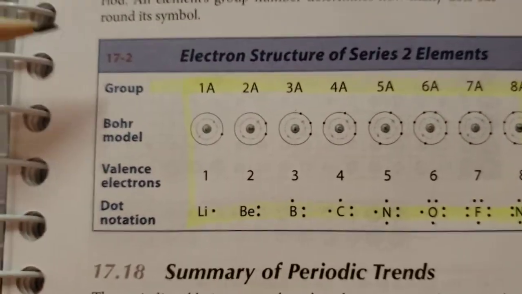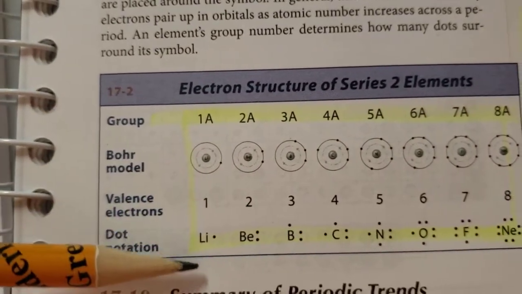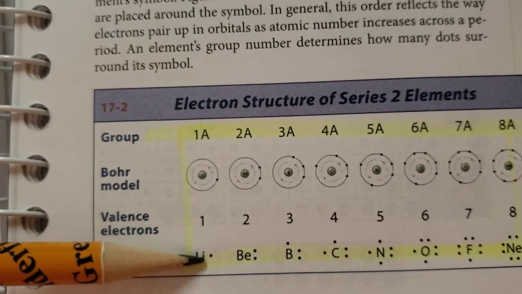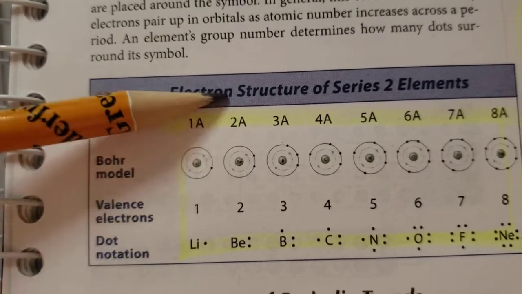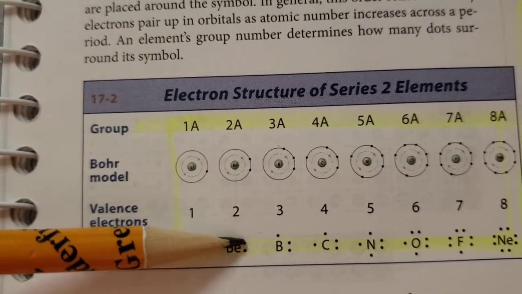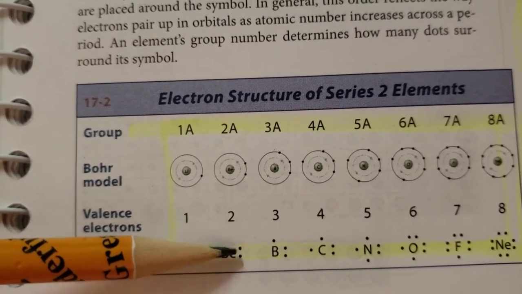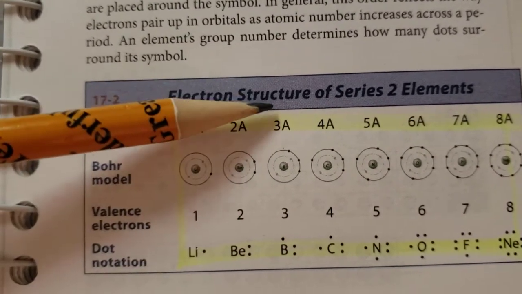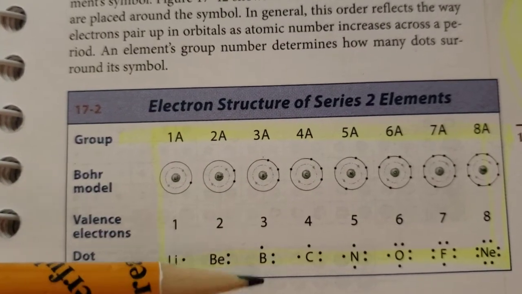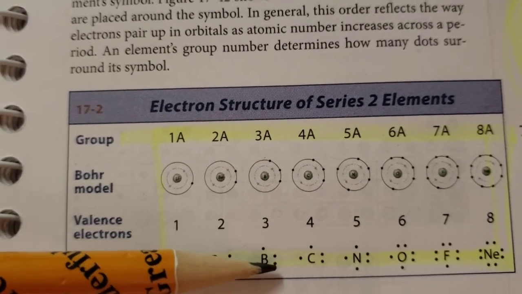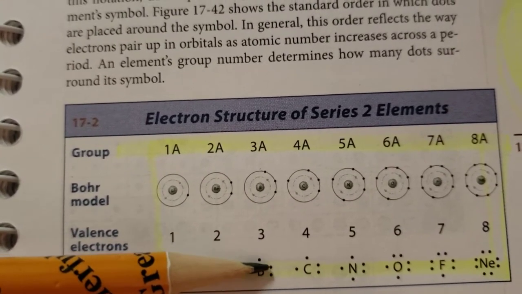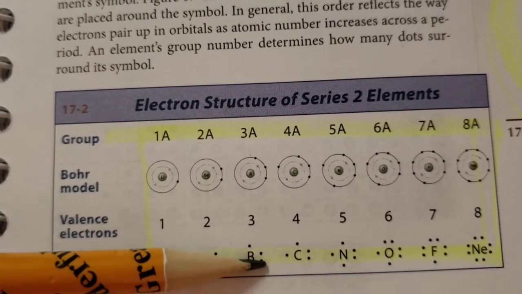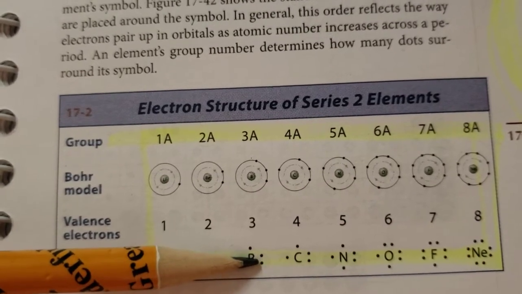So everything in the 1A is going to have one dot representing the one valence electron. Everything in the second column is going to have two dots, and they're both going to be on the right side of the symbol. If they're in the third column, they're going to have three dots. Your first two on the right, and then you're going to start distributing one at a time around in a counterclockwise manner.